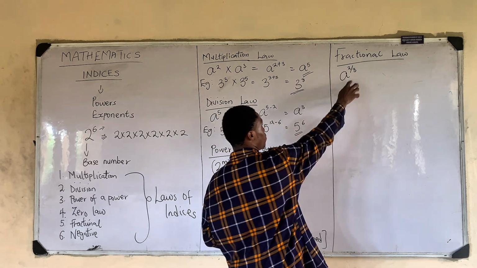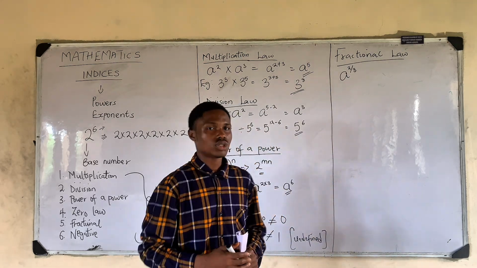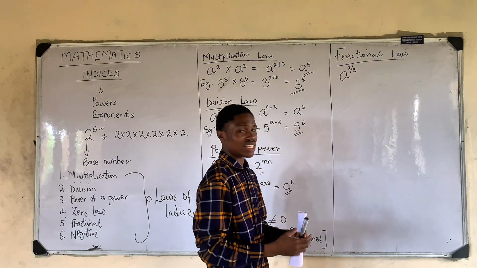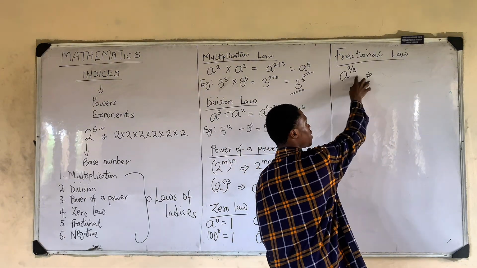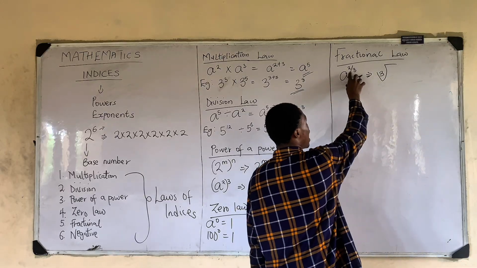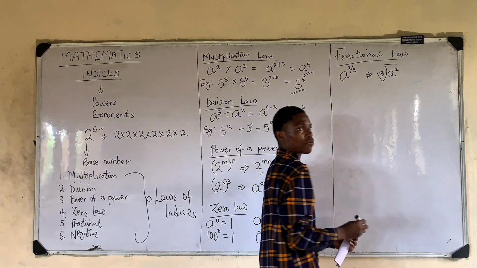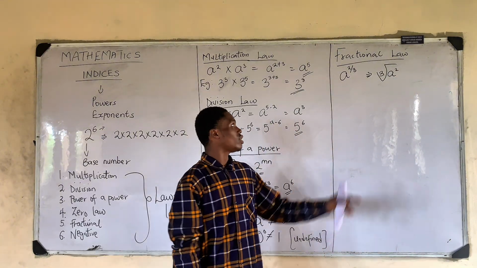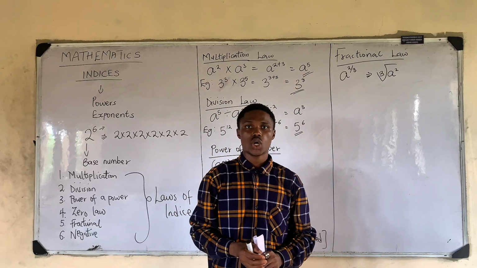It means that the power or the exponent is already a fraction. So if you are given something like this, what is the denominator? 3, right? So the denominator becomes the root and the numerator becomes the power. So this is another way to represent this particular value that we have on the board.